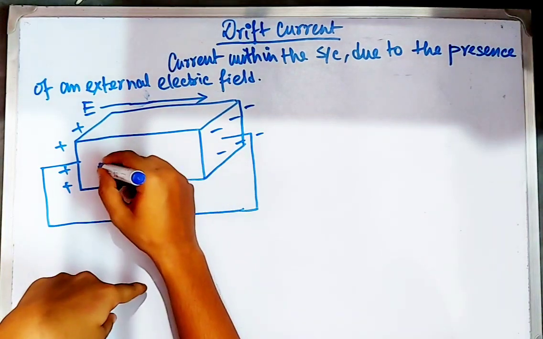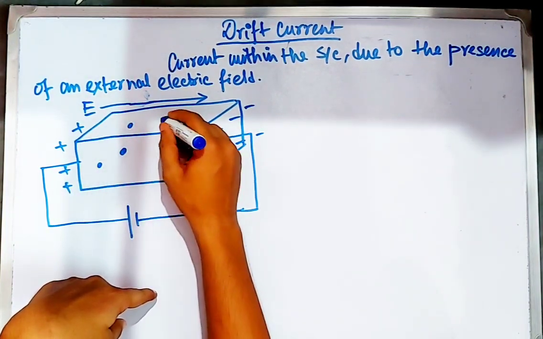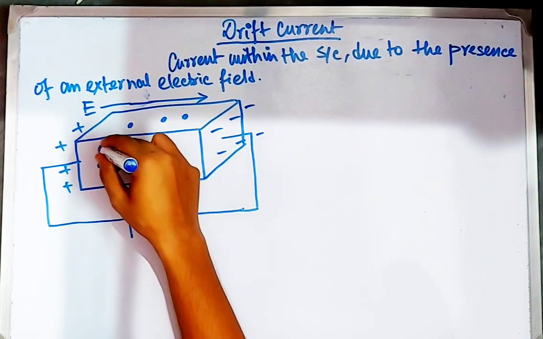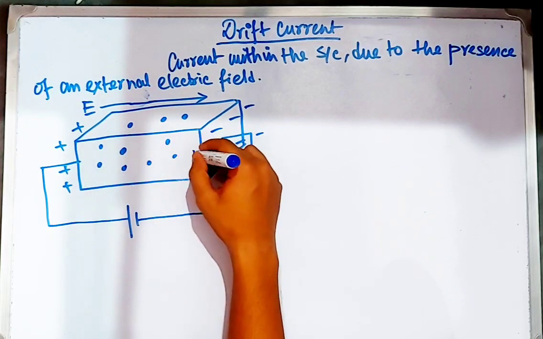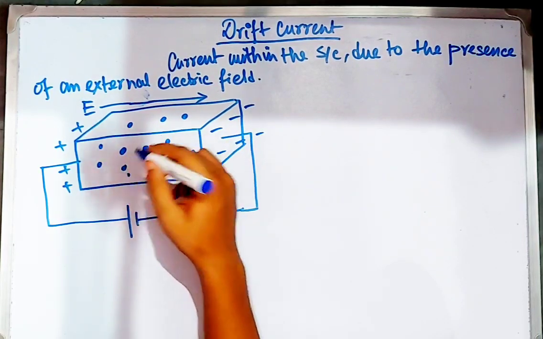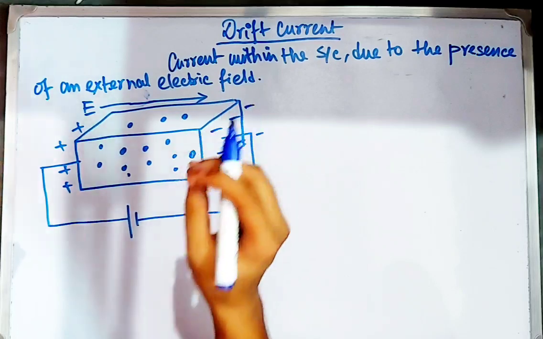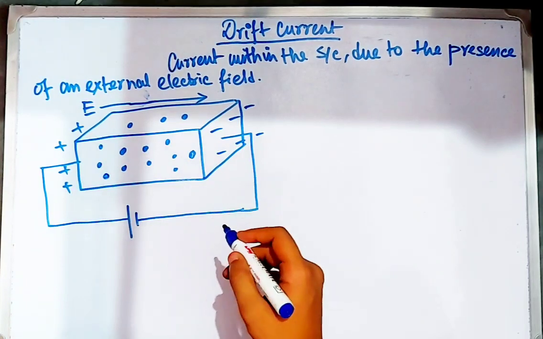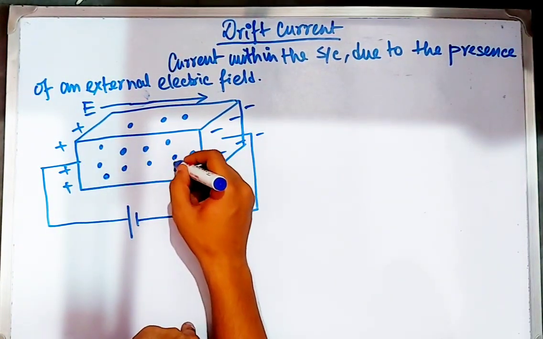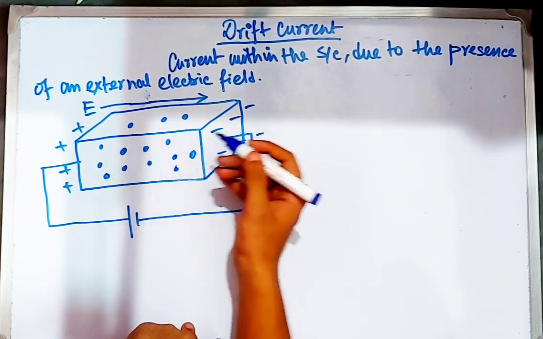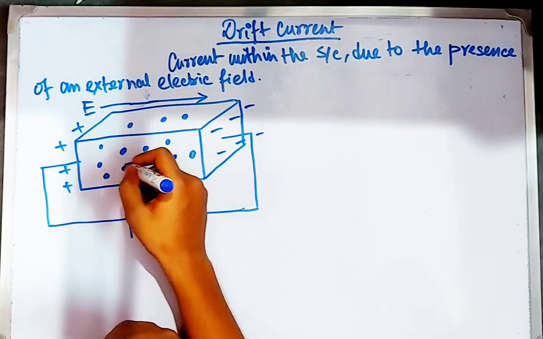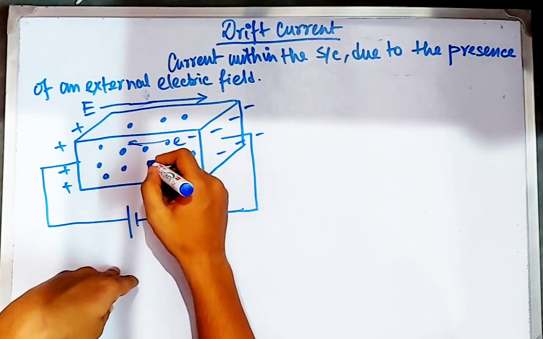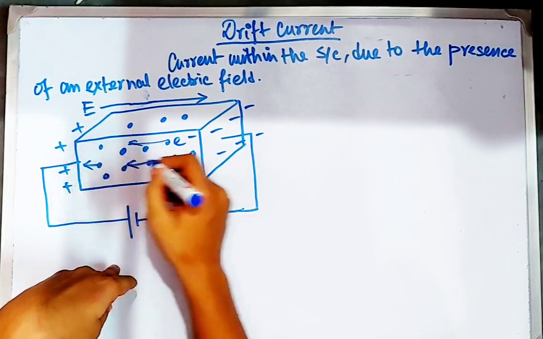The free electrons which are roaming within this semiconductor solid, within the interatomic distance of the silicon crystals, will experience a force, a pull from right to left, because the positive terminal is at the left side. So all these free electrons will get a pull by this positive terminal.